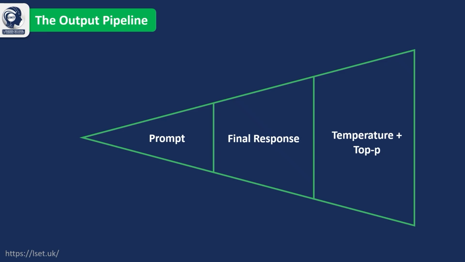These parameters influence the AI's word selection and response style, ensuring the output matches the intended objective. In simple terms, every AI response passes through these sampling settings before it reaches the user, making them an essential part of prompt engineering and output control.